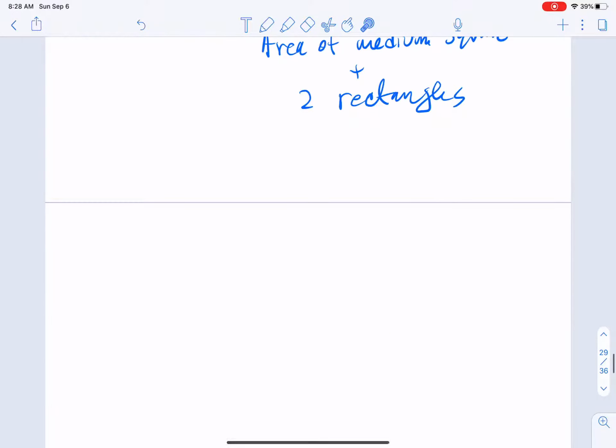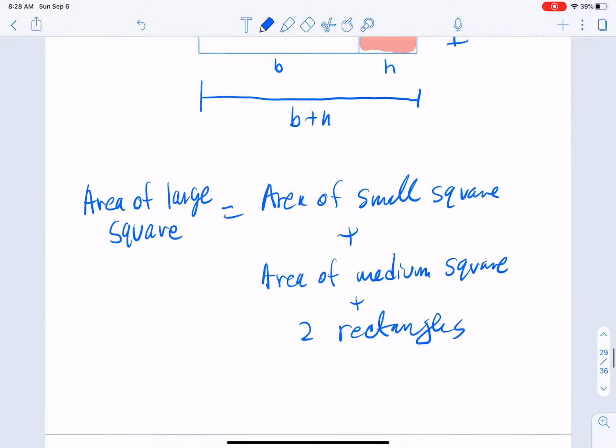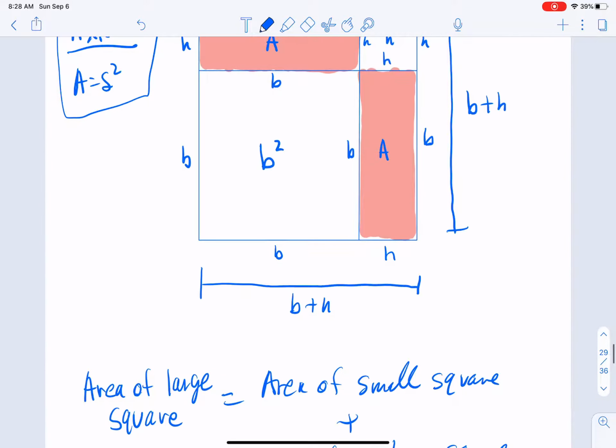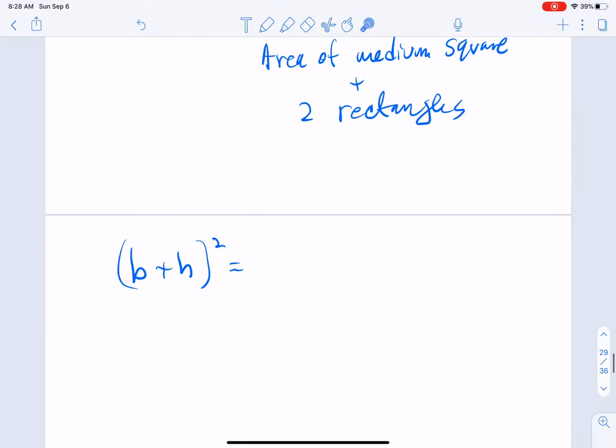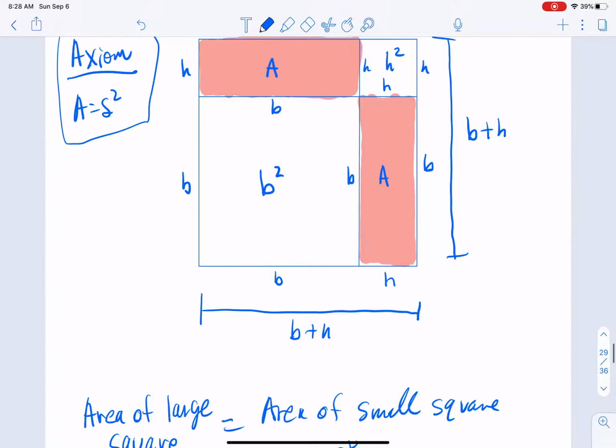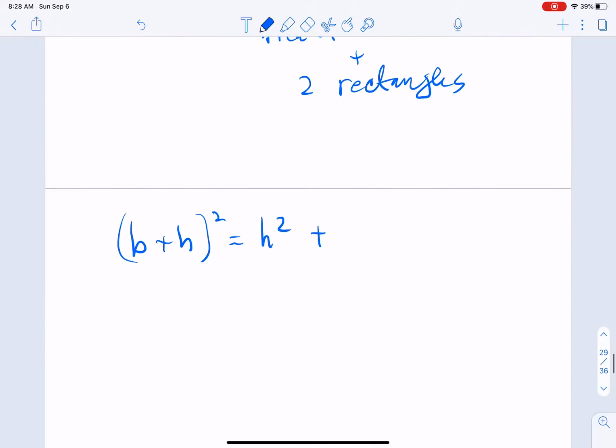So that would look like this. Quantity squared. That should be equal to the area of the small square, which we declared as an H squared, plus the area of the medium-sized square, which we declared as B squared, right?